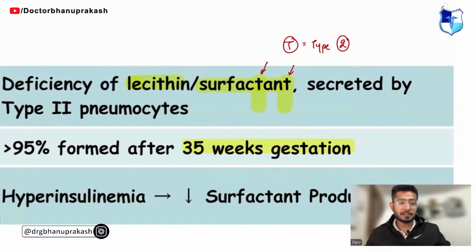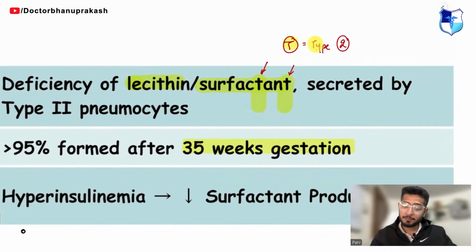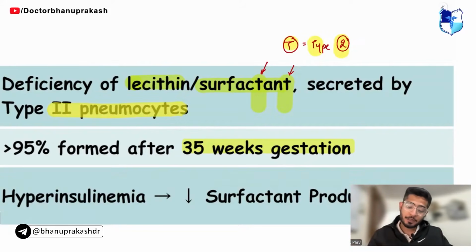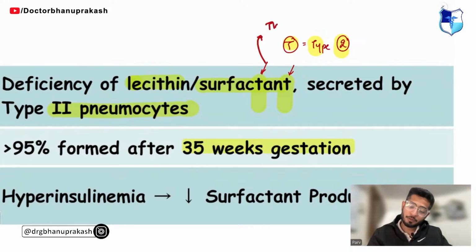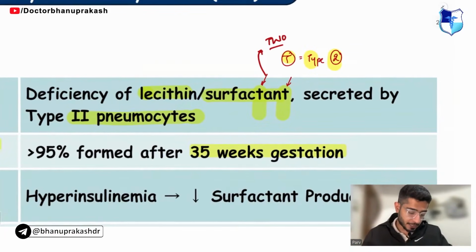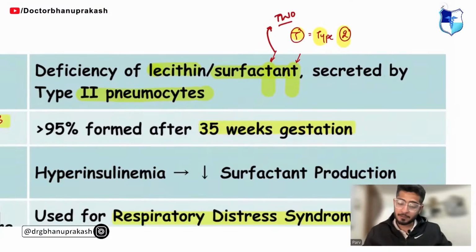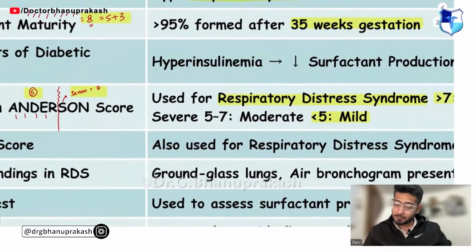Can you see surfactant, T and T? So T for type 2 pneumocytes. Surfactant is secreted by type 2 pneumocytes.